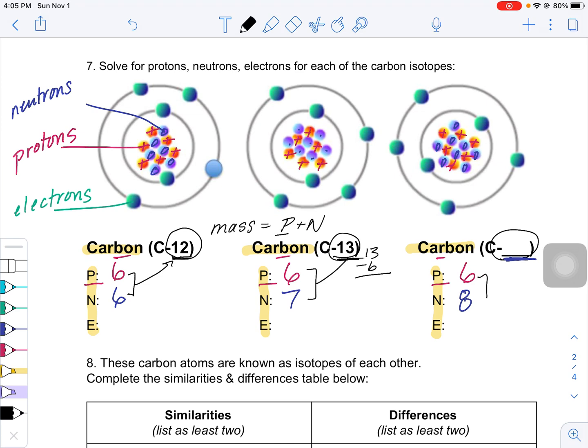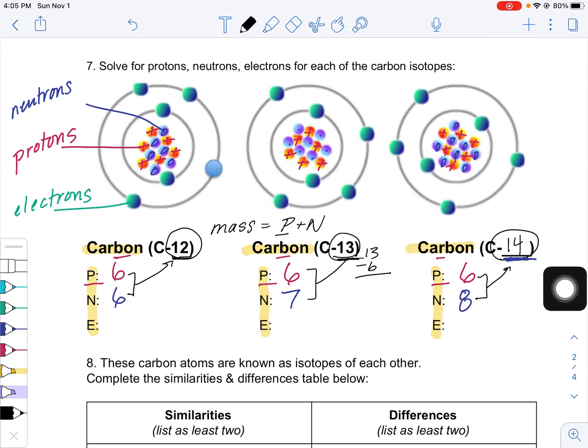Again, totaling these up gives me the mass number, which in this example is 14. Again, all of these are the exact same element. They are just different versions due to a change in their mass by more or less neutrons.